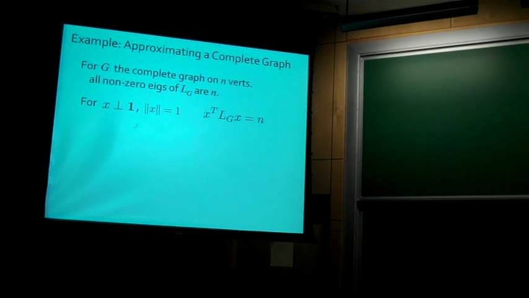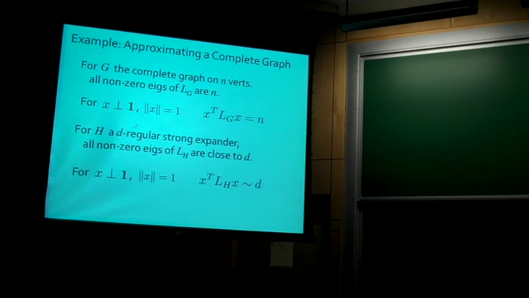Well, we know a similar thing for d-regular strong expanders. Because all of their eigenvalues are close to d, for all such vectors x, the value of the quadratic form is approximately d. This just comes from the Courant-Fisher characterization of eigenvalues as optimizing quadratic forms.